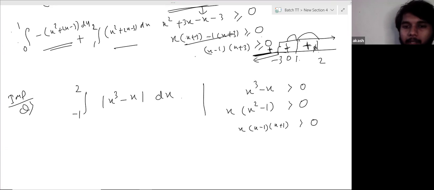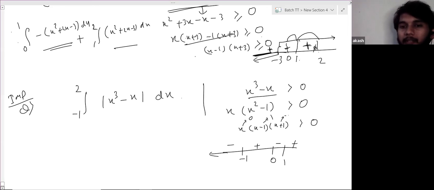All right. So again, writing all the factors here. This gives us 0, this gives us -1, this gives us 1. -1, 0, and 1. Start from the right, positive, negative, positive, negative. So if x is less than -1, this whole thing will be negative. If x is from -1 to 0, whole thing will be positive, and so on.